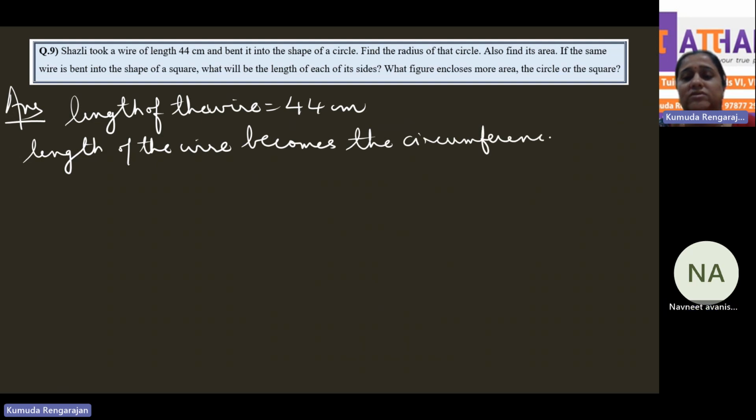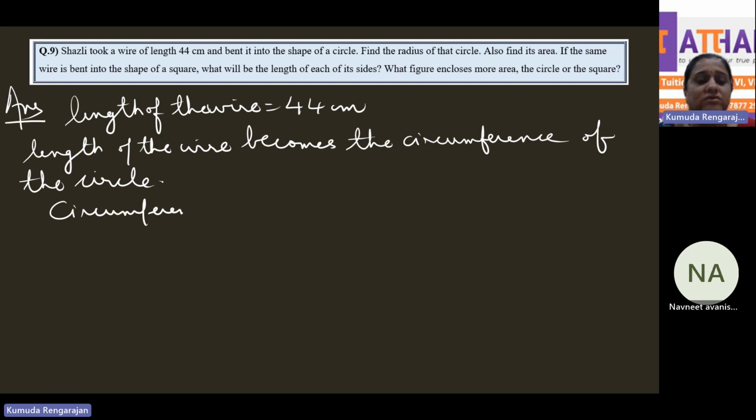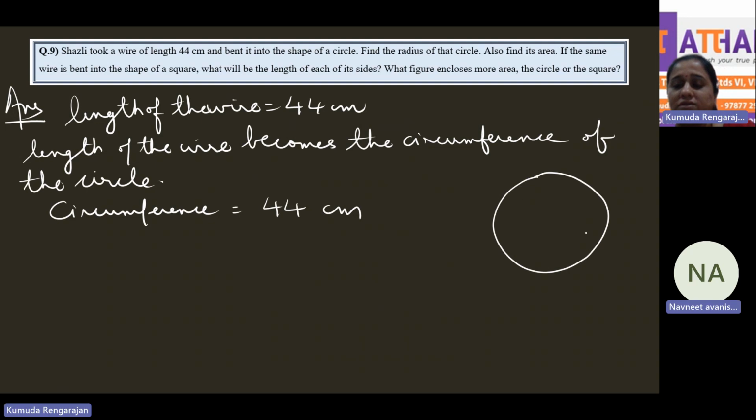Circumference of the circle is equal to 44 centimeters, correct? You can draw a circle like this, and this one is 44 centimeters. So circumference is 44 centimeters.